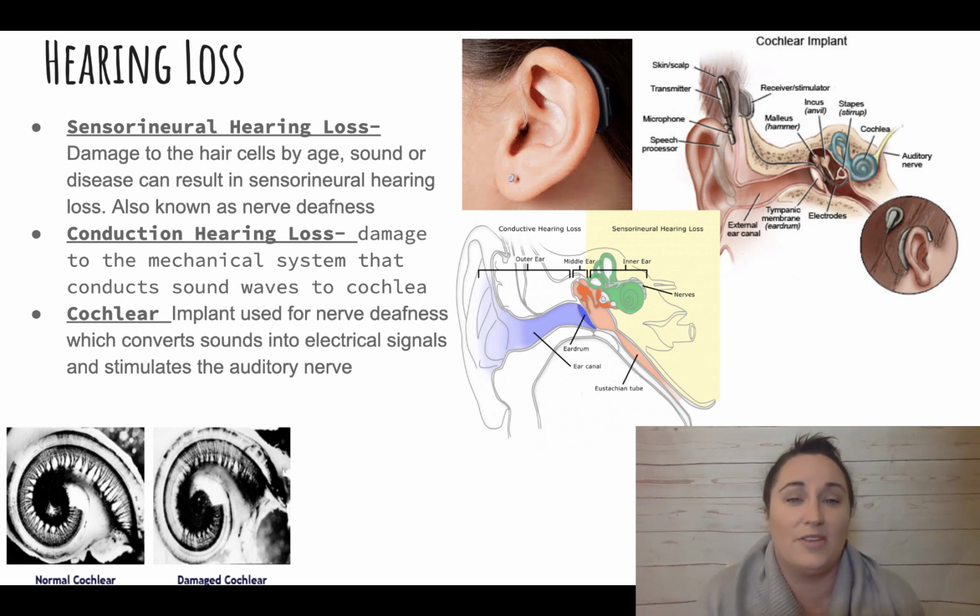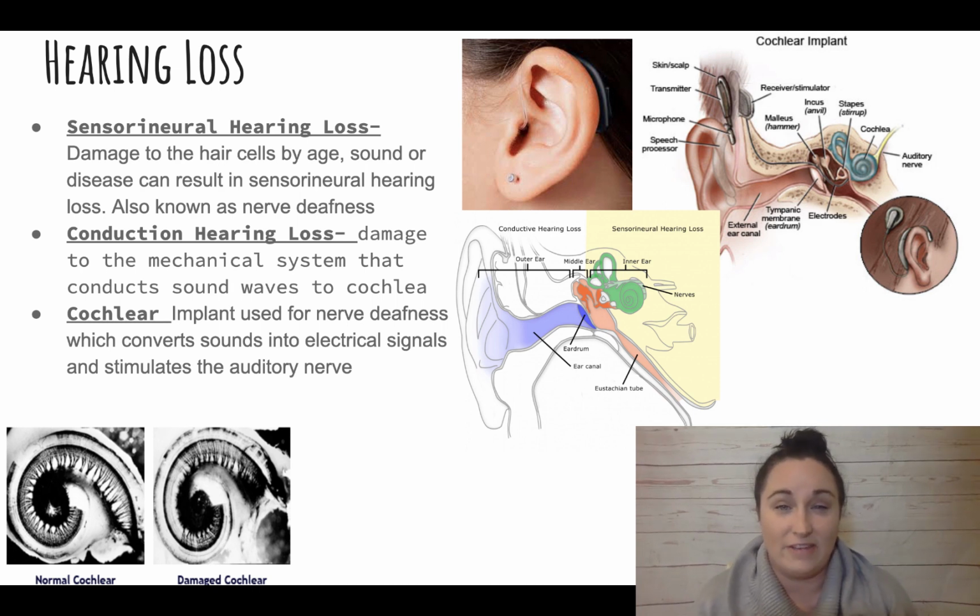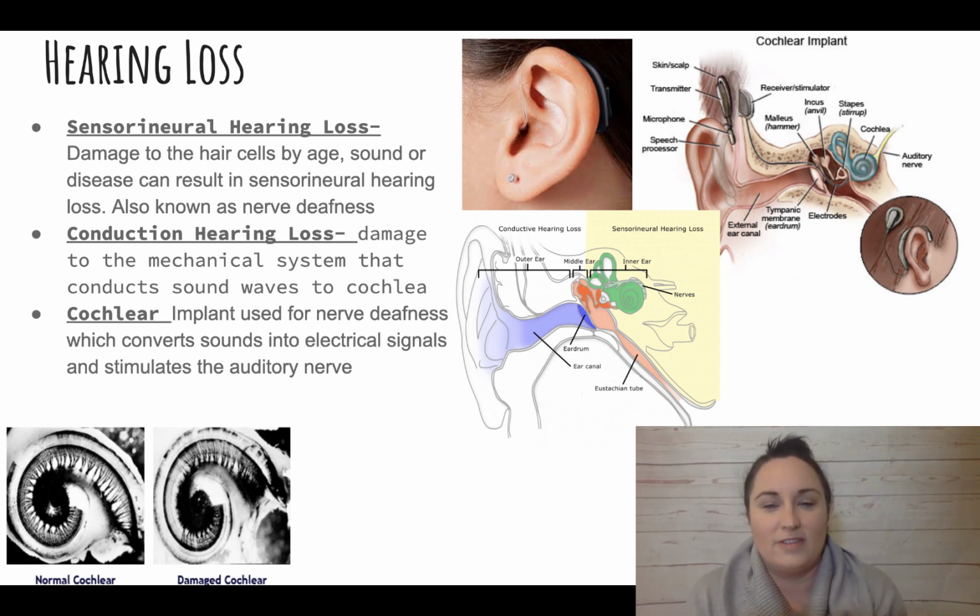There's also something called conduction hearing loss. This is damage to the mechanical system that conducts the sound waves to the cochlea. If you look at this image, conductive hearing loss is more in the middle ear and outer ear area, and sensorineural hearing loss is more in the inner ear, usually with the hair cells.